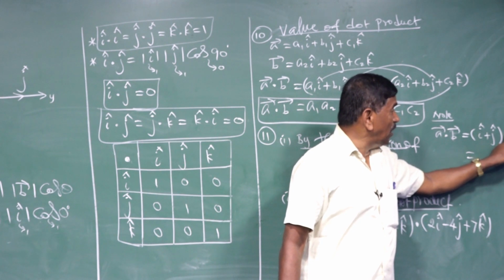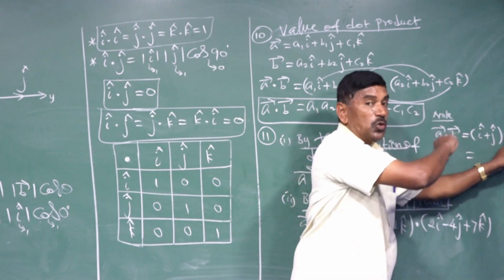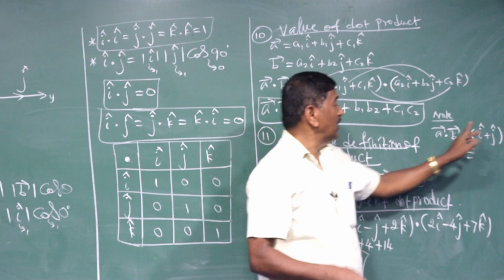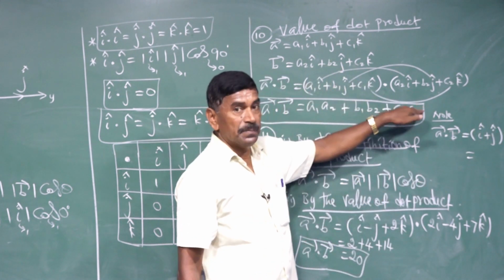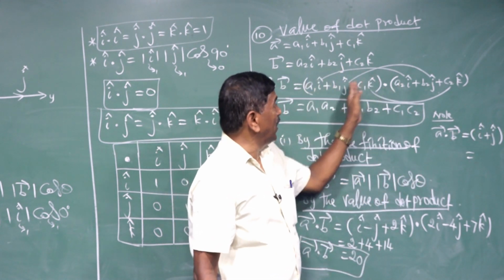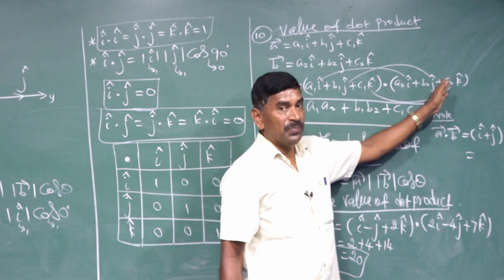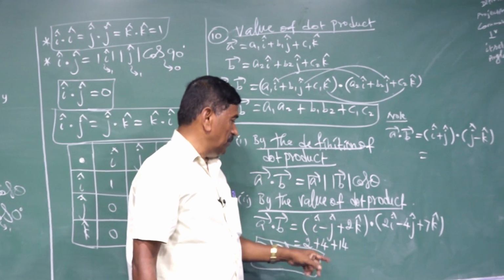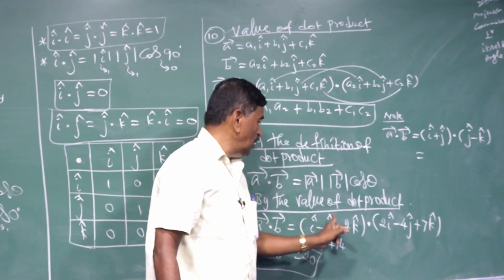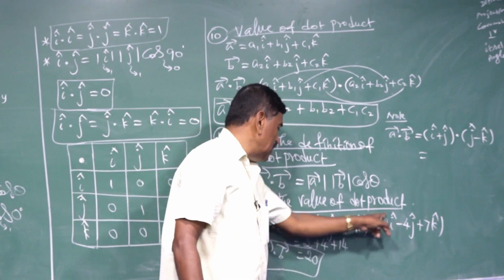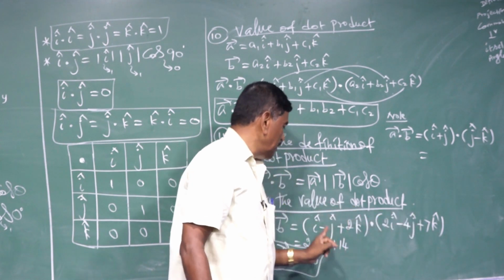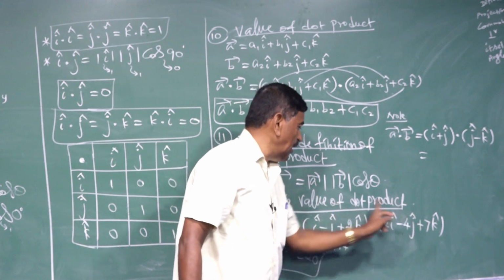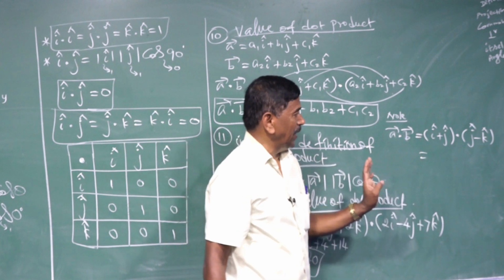Now, if the dot product is defined between the two vectors, what is the technique? Yes, self-multiplication, that is i to i, j to j, k to k. It is enough to multiply only the coefficients, like the earlier model.